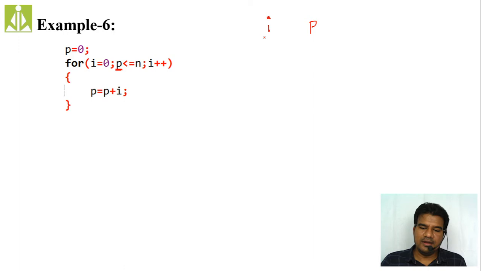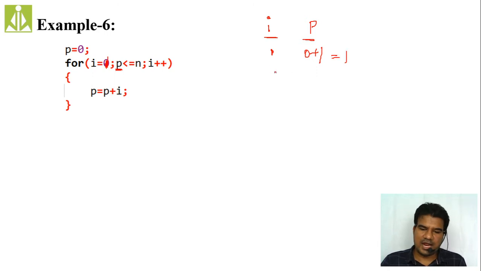When I value is 1, because our I value starts from 1, even if you consider 0, nothing will change. If I start from 1, how many times will the internal p value get changed? The internal p value gets changed 0 plus 1, so that is 1 time.